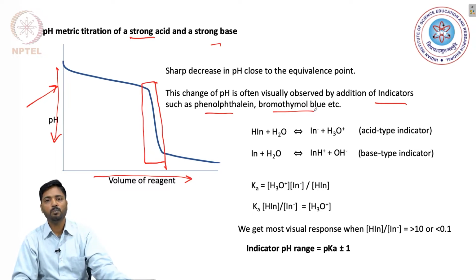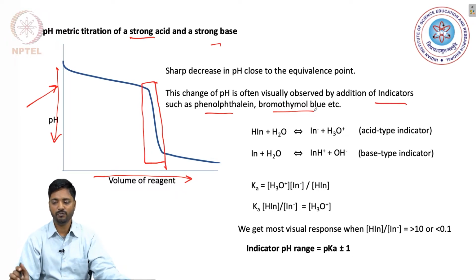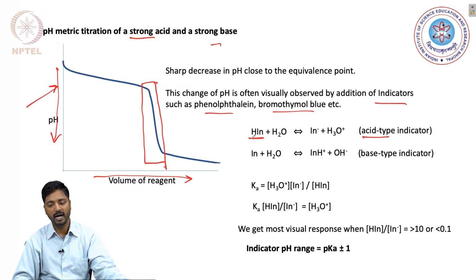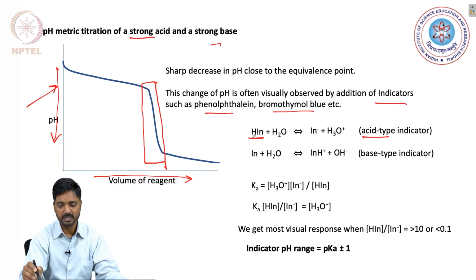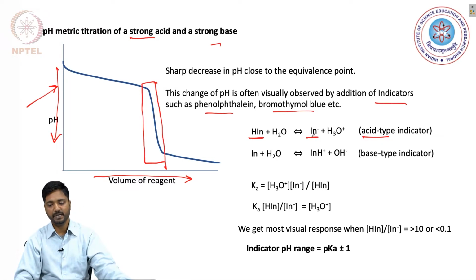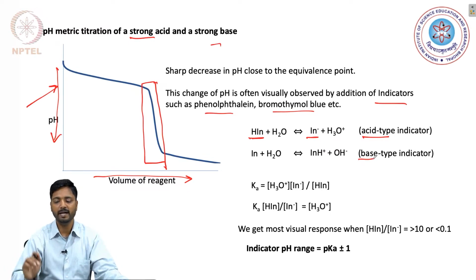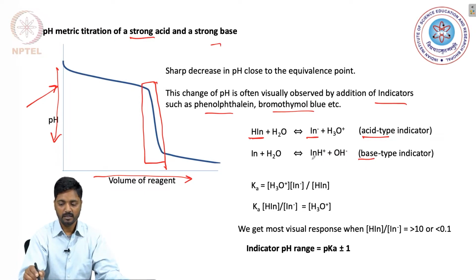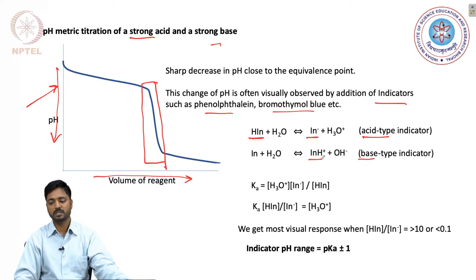Now, it is important to understand that our indicators can be of either acid type, where the indicator is in a protonated form and at appropriate pH it gets converted to an anionic form, or our indicator can as well be of the base type, where the indicator accepts a proton and converts into a cationic species based on the pH of the medium.